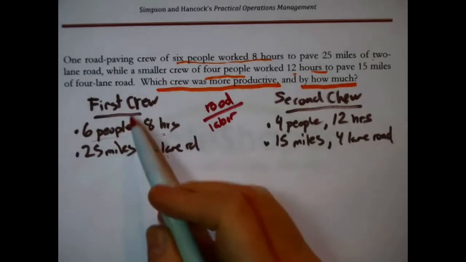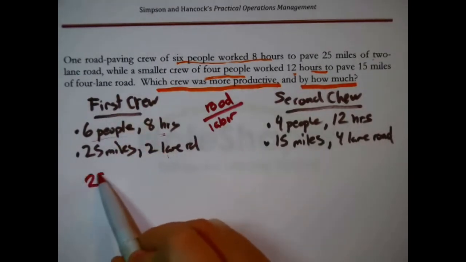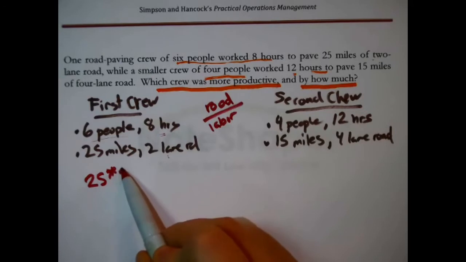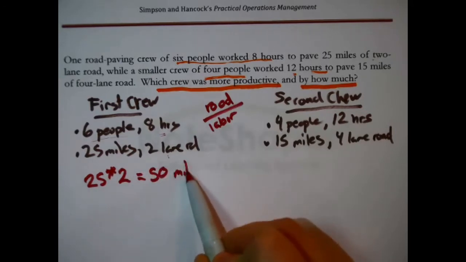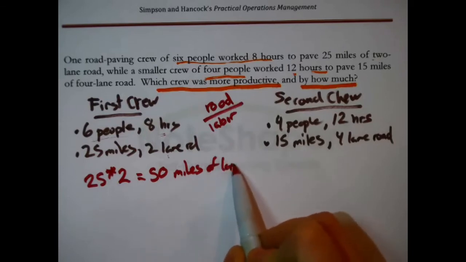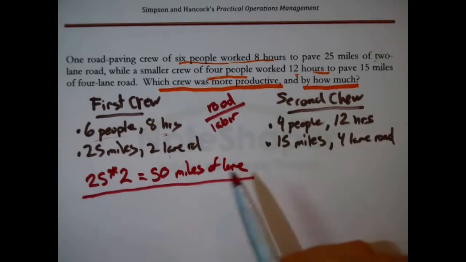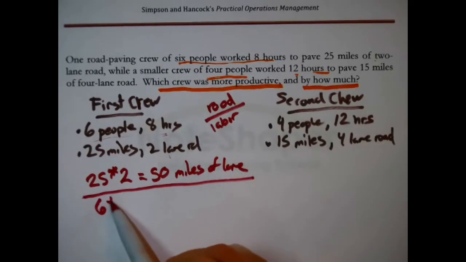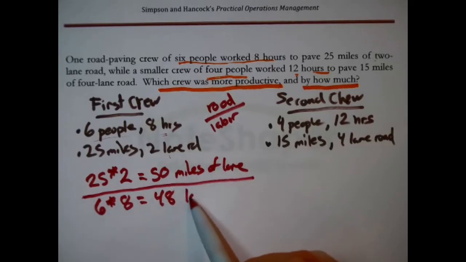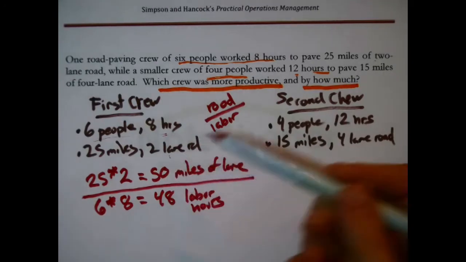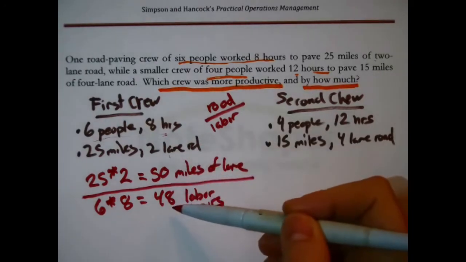In the case of the first crew, 25 miles times 2 is 50 miles of lane, divided by, as I said before, 6 times 8, which is 48 labor hours, or 50 divided by 48.